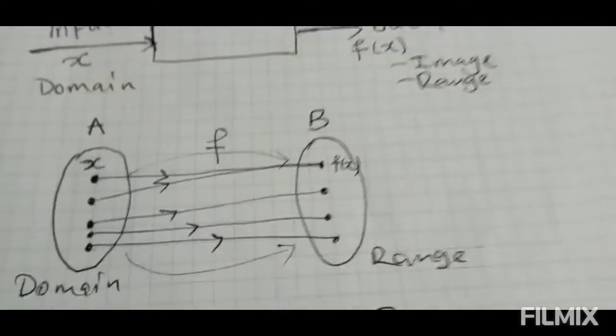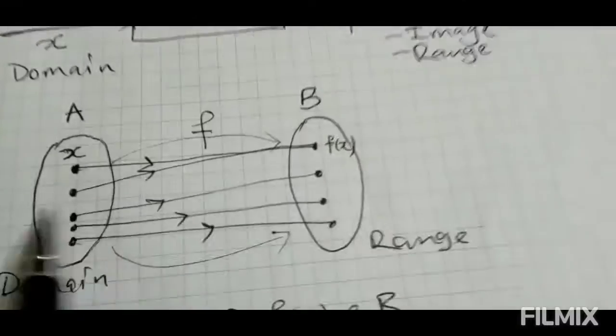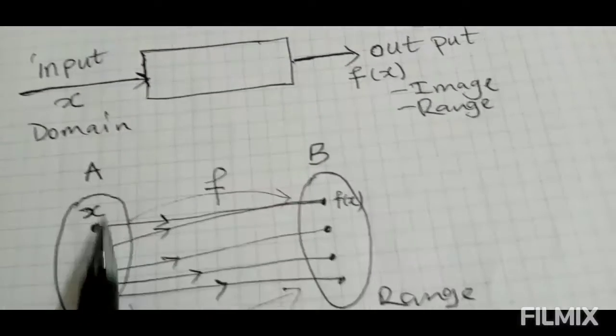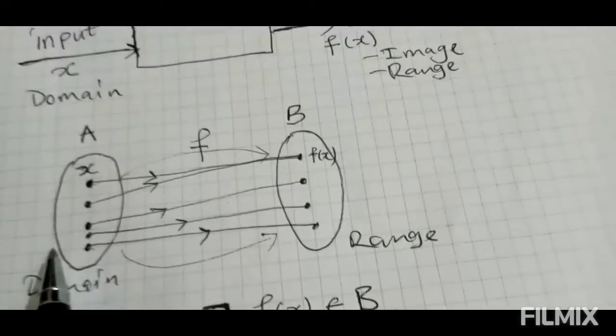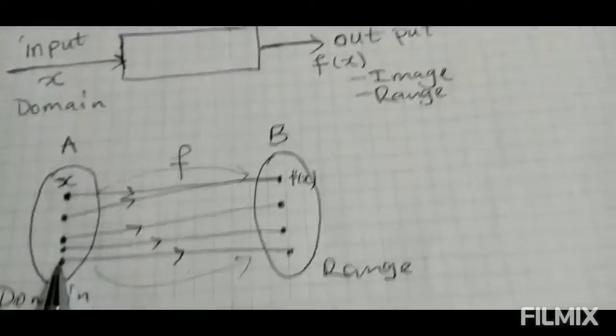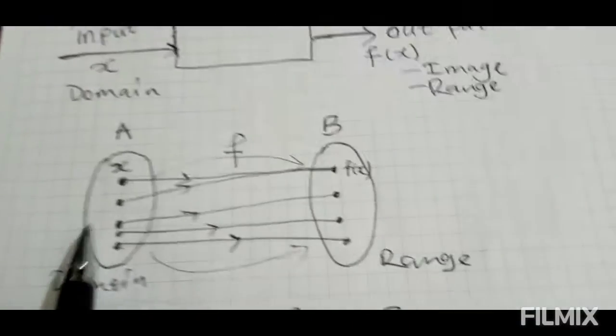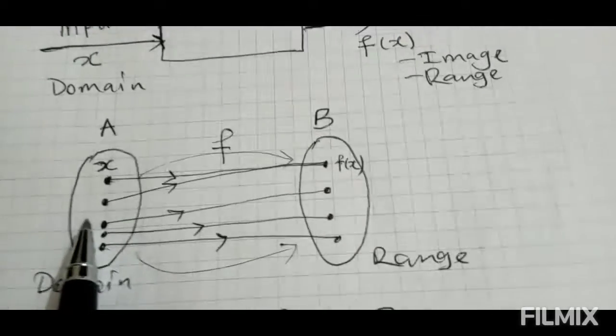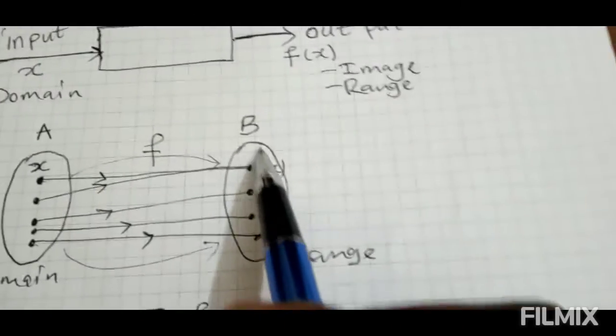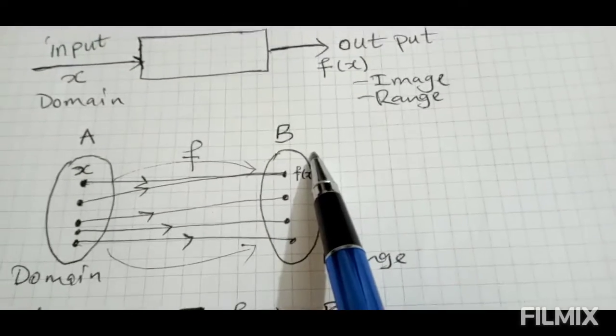So now let's go to mathematics. So you have a set, okay, which has the domain, okay? And then you have the image, okay? You have 2 sets. One set is a domain set, and then the image set or the range set, okay?